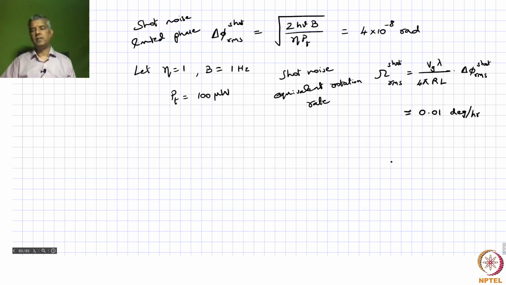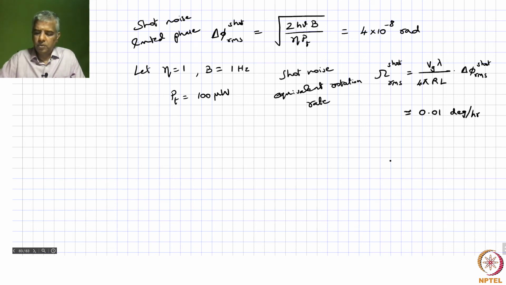Okay, so that is the kind of value that you get as far as the limitation due to shot noise. So those are the typical numbers that you are able to achieve using an IFOG.